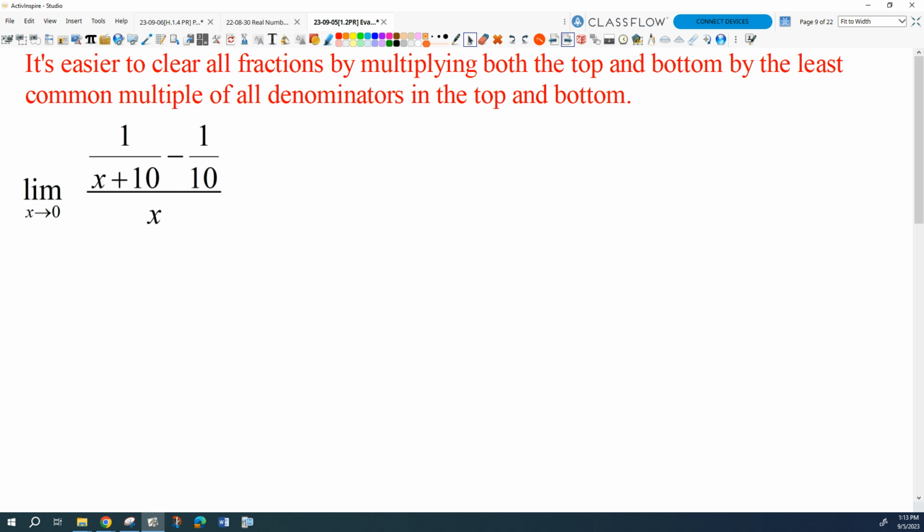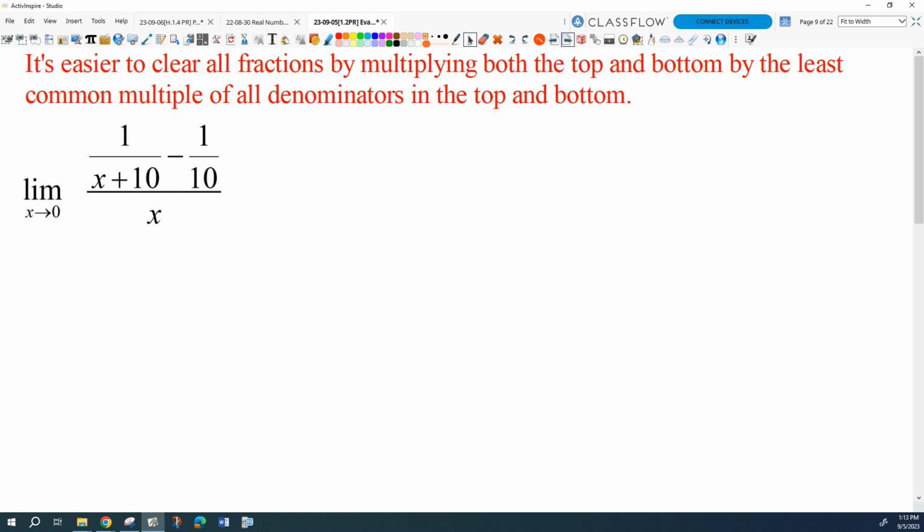For these, it's easier to just clear all fractions by multiplying both the top and the bottom by the least common multiple of all denominators, top and bottom. Okay, so if I look at the denominators on the top and the denominators on the bottom, we've got an x plus 10, a 10, and on the bottom, my denominator is just 1, right?